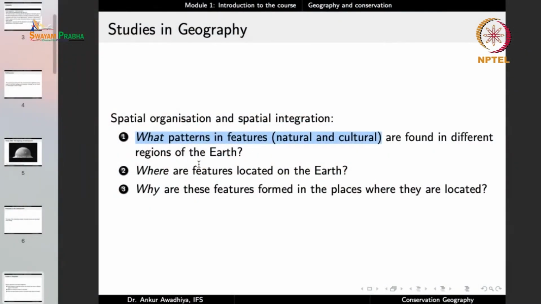Now, once you have found out a pattern, the next question is, where are features located on the earth? That is, suppose you are looking at our country, India, and you ask the question, okay, what are the various features in the naturalized landscape of various places in India?